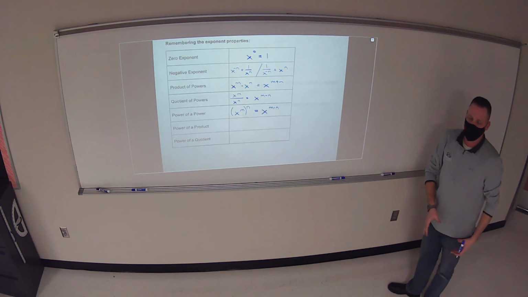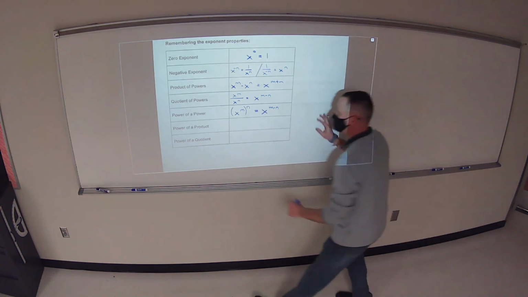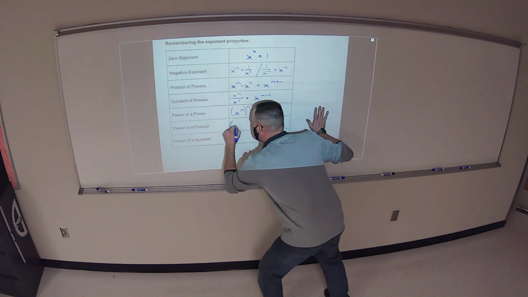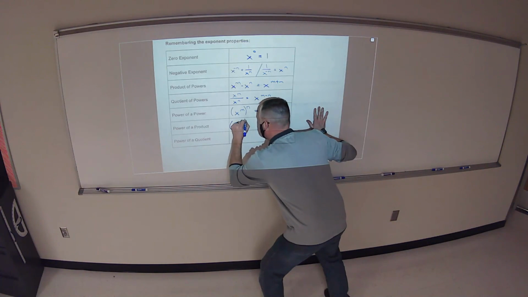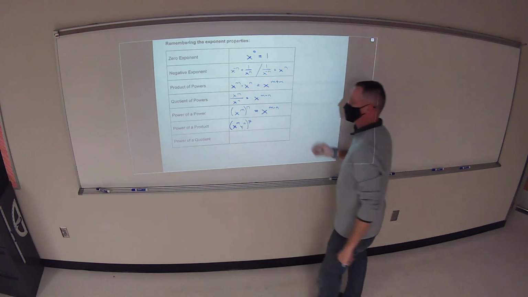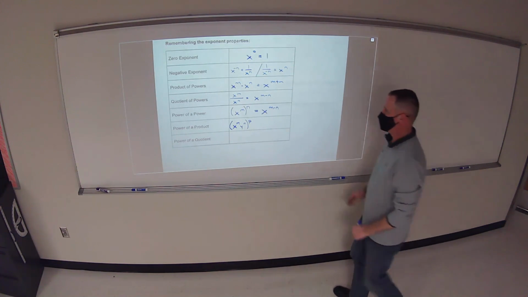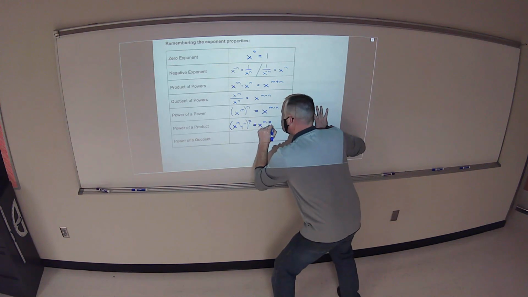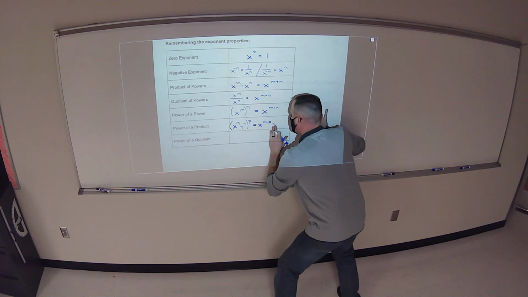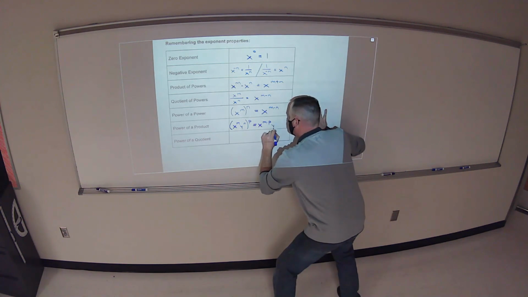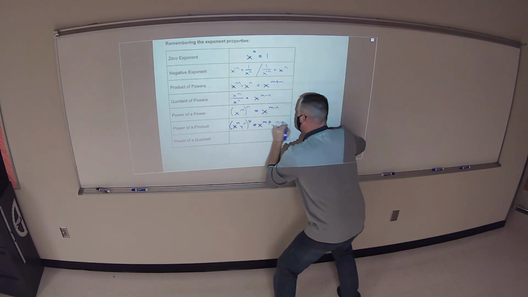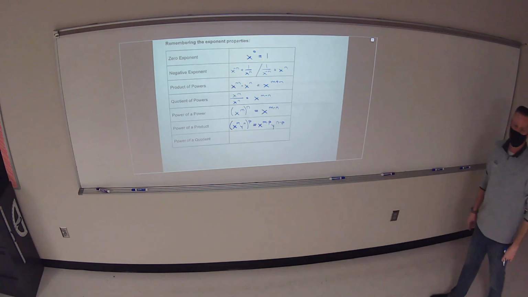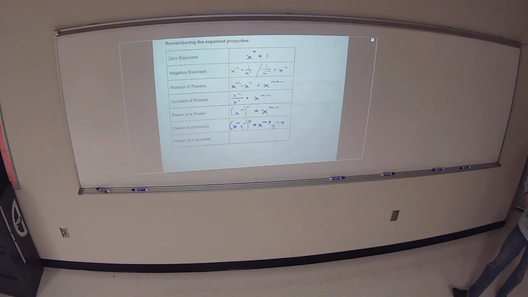Your power of a product means that we've got a multiplication problem like this, then being taken to a new power. That power gets distributed to all parts of that product.